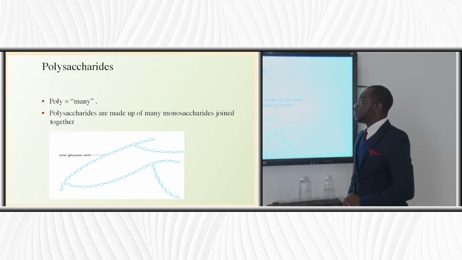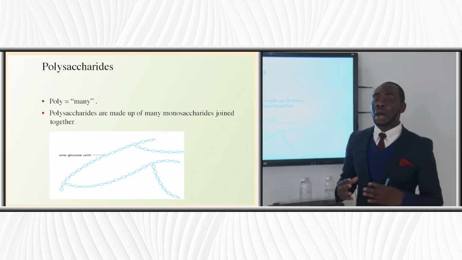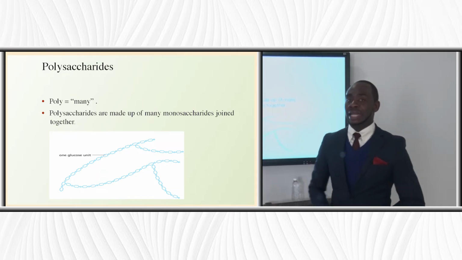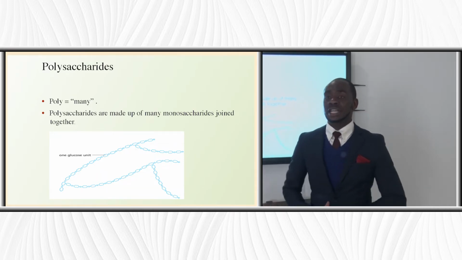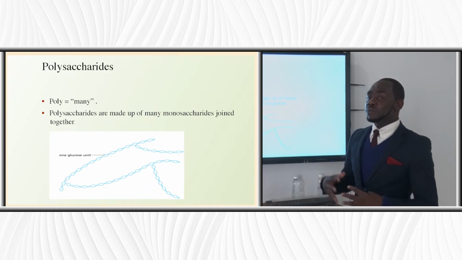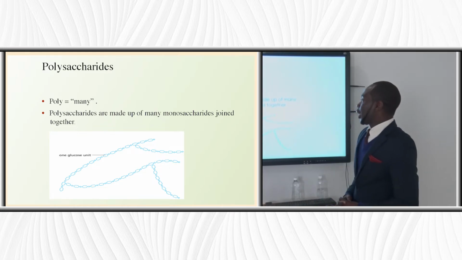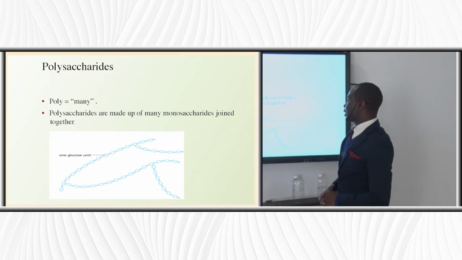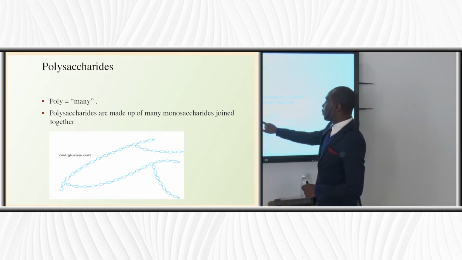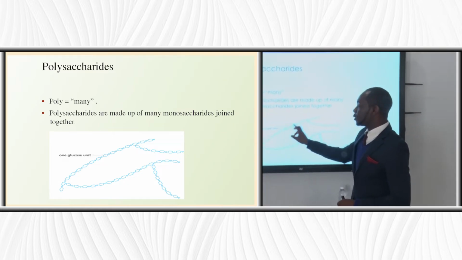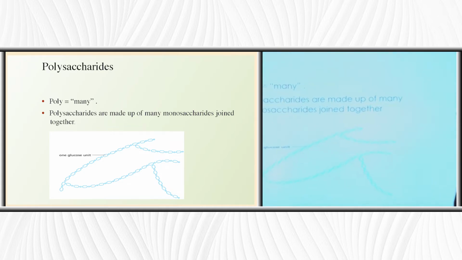Polysaccharides, which means many. These polysaccharides are macromolecules or polymers in carbohydrates. They are made up of monomers, which are monosaccharides. As you can see from the diagram, we have units of monosaccharides joined together to form a chain of a polysaccharide.